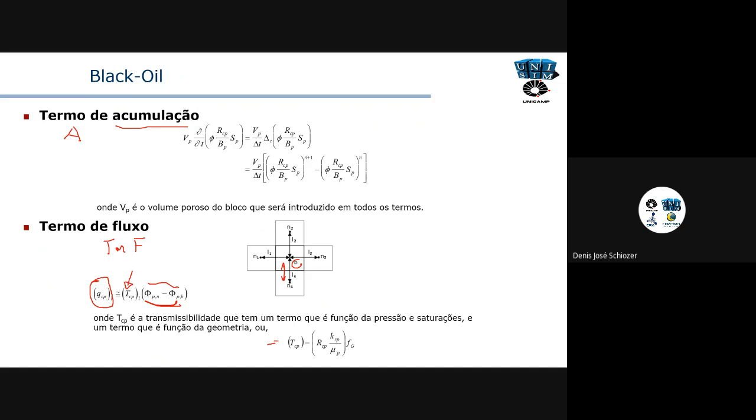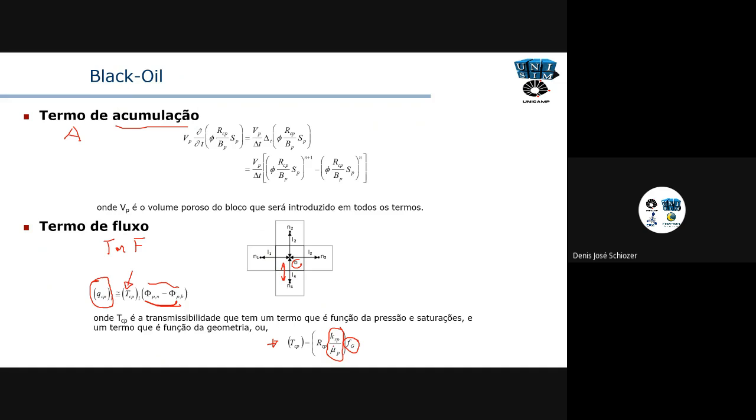Again, the transmissibility accounts for a geometric term, because it's proportional to the size of the grid, and permeability and so on. It's important because of the fluids. Here we see that the relative permeability and the viscosity are basically the mobility of the phase. If you are taking reservoir engineering classes, you know very well what mobility is. But mobility is how easily the fluid can move from one block to another.